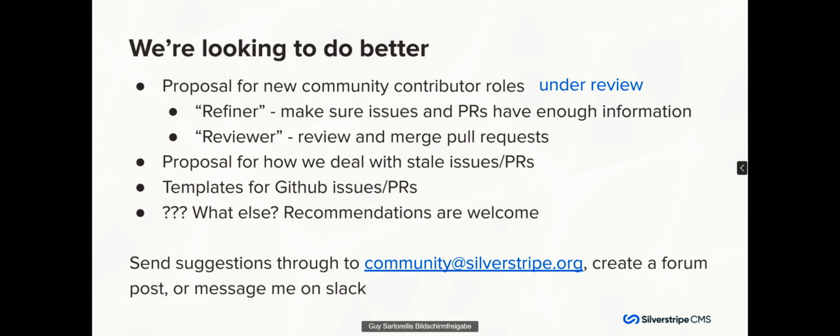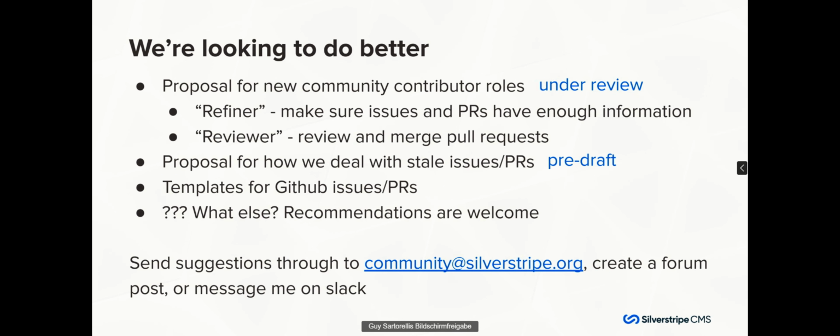For pull requests, obviously, we wouldn't want to close a pull request that we haven't looked at, but if we've asked for changes and they haven't been made, then maybe we'll close them after a certain period of time. And that's something that we're looking into, but we're very early stages on that, so don't look for changes in the immediate future.